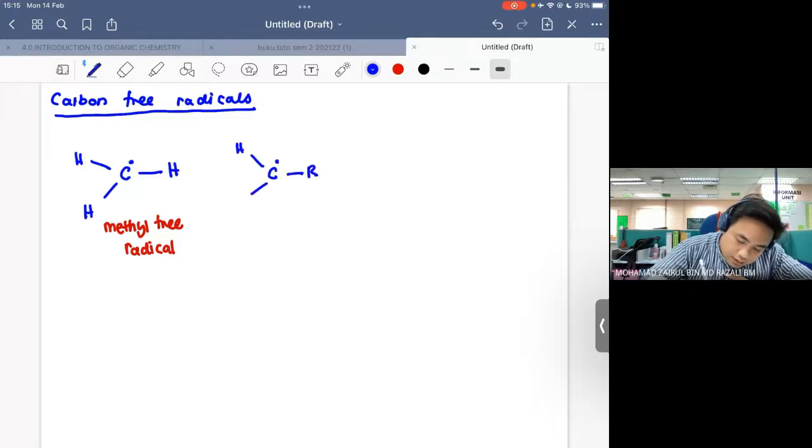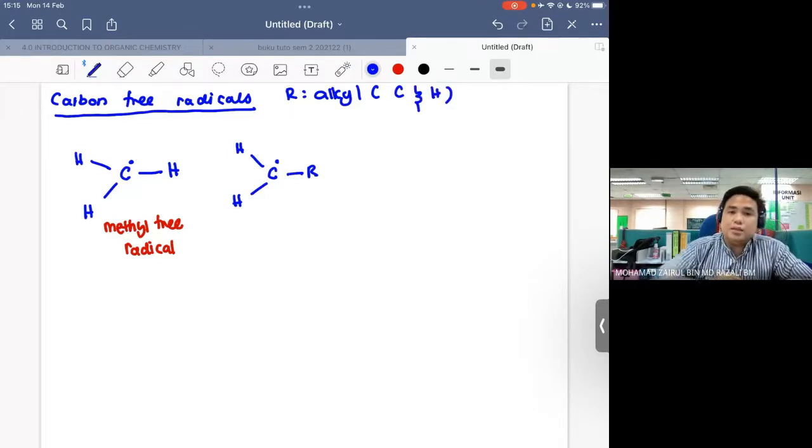Alkyl group ni kita represent by using R. Alkyl group dia bermaksud any group yang ada carbon and hydrogen. Itu kita panggil dia sebagai alkyl group.